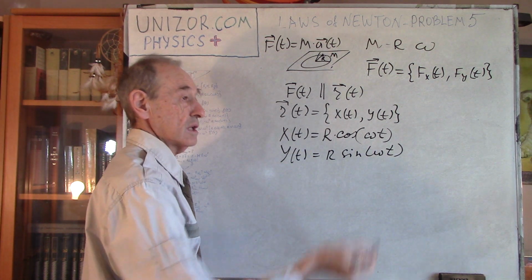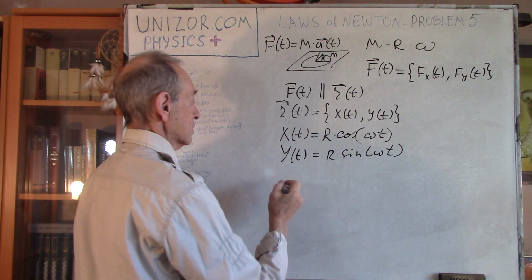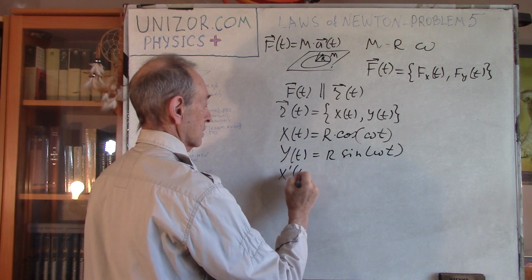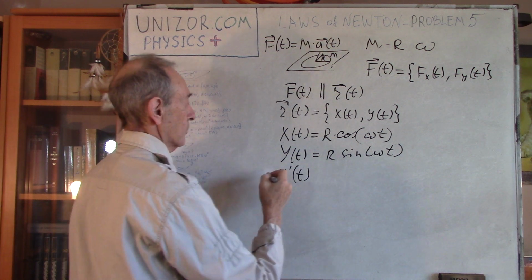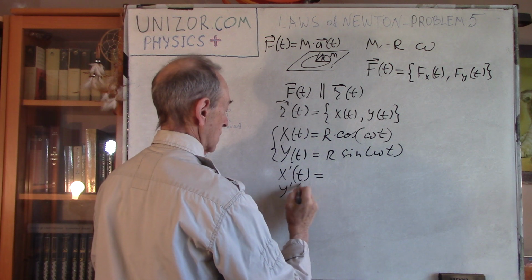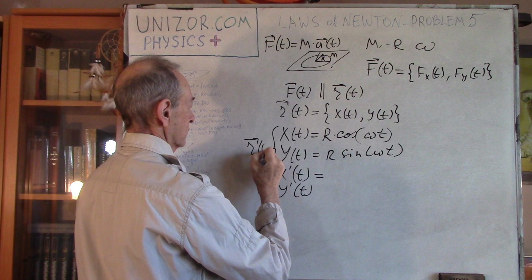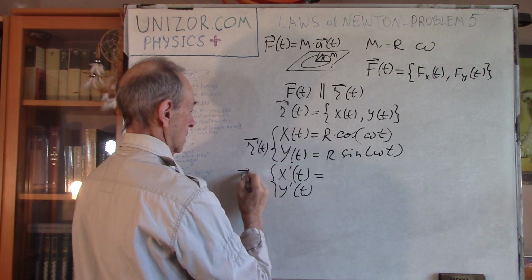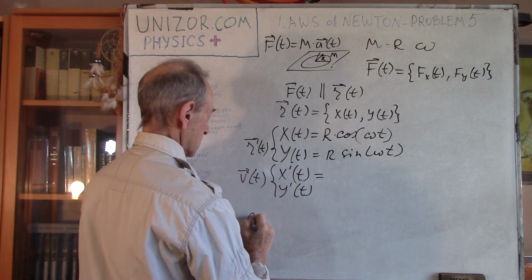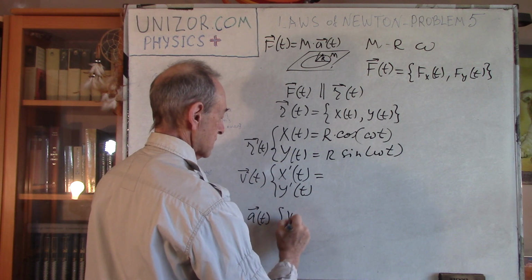What is velocity? Derivative of position. So let's just take these two derivatives. This is position, r of t, this is velocity, v of t, and this is a of t, acceleration, the second derivative.